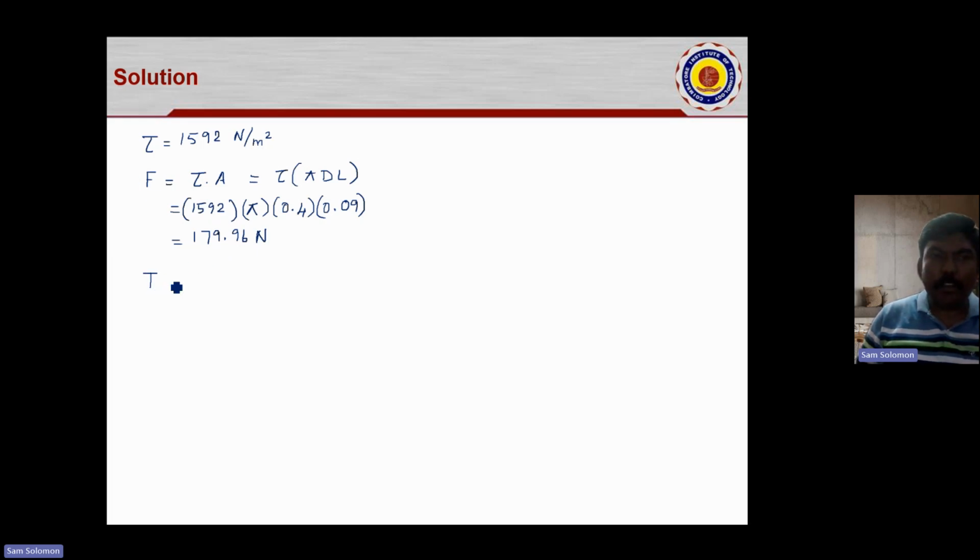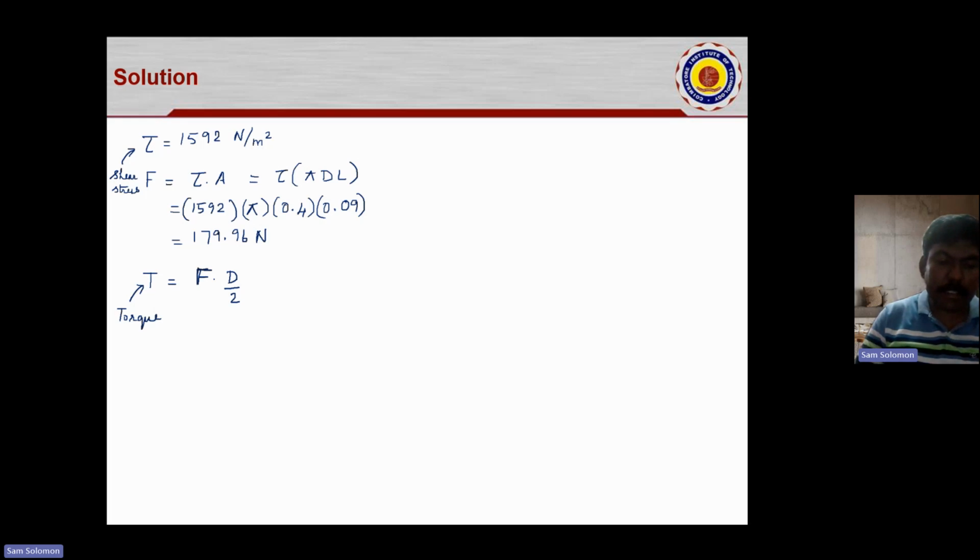Now I have to get the value of torque. So this guy over here, tau, is shear stress. And this guy, T over here, is torque. Okay, so T is F multiplied by the perpendicular distance. It is D by 2. So it is F multiplied by the radius, or in this case, it is multiplied by D by 2.